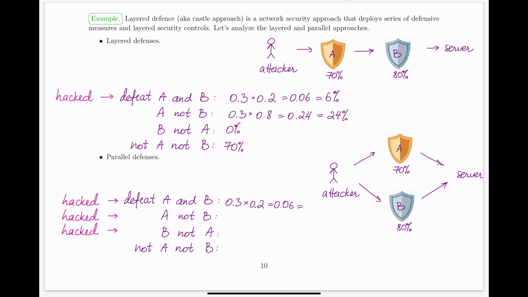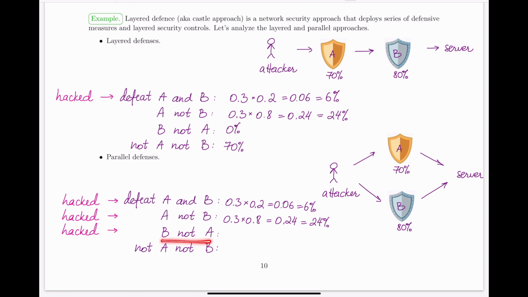The next up is they were able to break A but not B is again going to be the exact same calculation because this doesn't actually really depend on the architecture. So this will be successful 24% of the time. But in the other 2 cases where we were able to reason out what happens here, the attack path analysis here is going to be different.